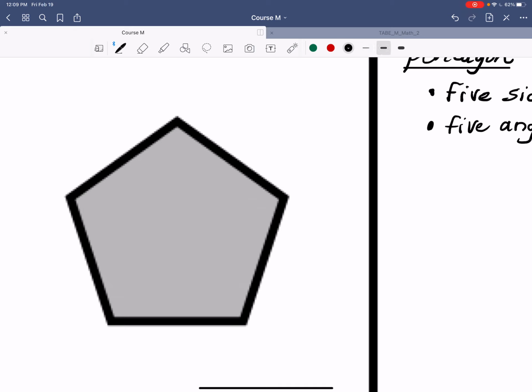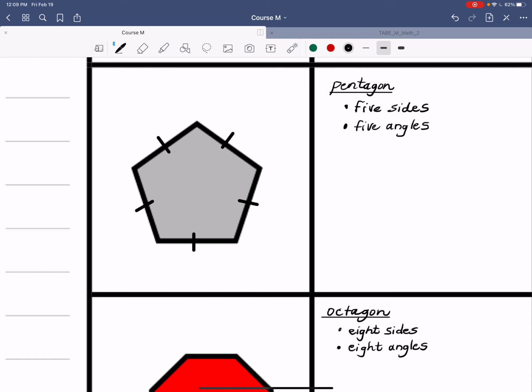You don't want to just eyeball things if you can help it. But if they give you these marks, and all of those marks match, this particular pentagon is regular. All pentagons will not be regular. Some of them will be irregular, but this one is regular.